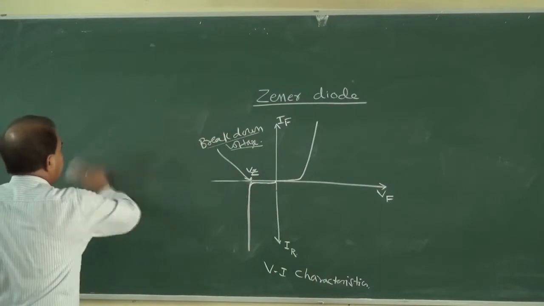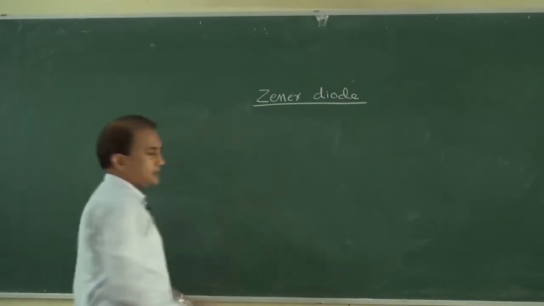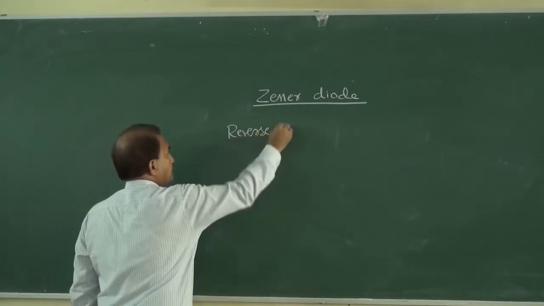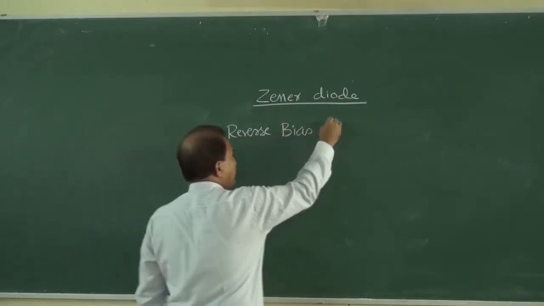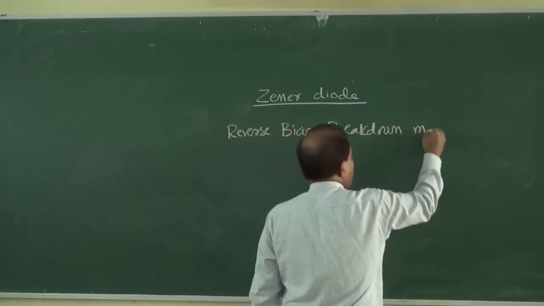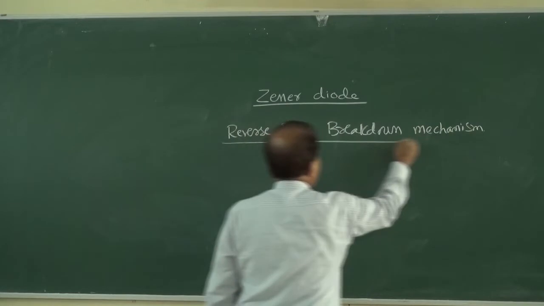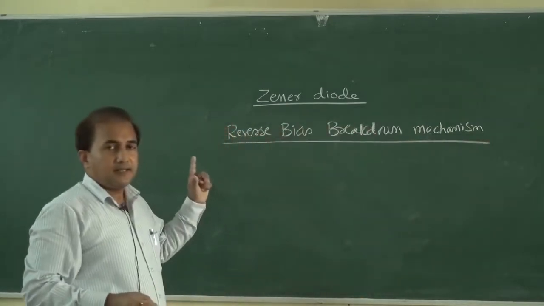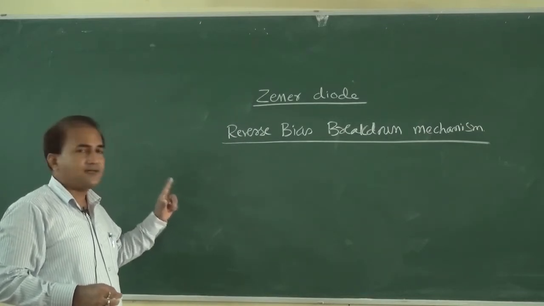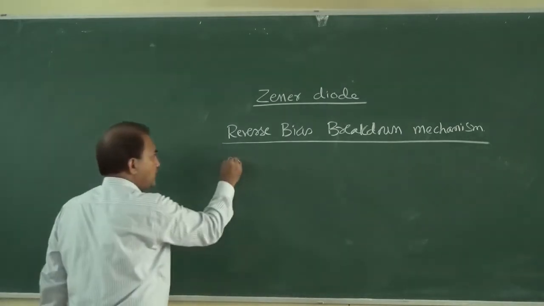Then we will study the reverse bias breakdown mechanism. A Zener diode generally operates in reverse bias condition. In reverse bias, breakdown occurs due to two phenomena.